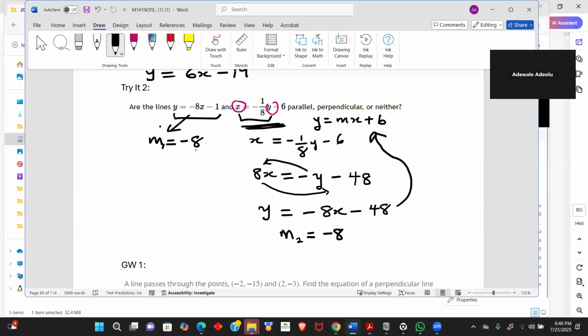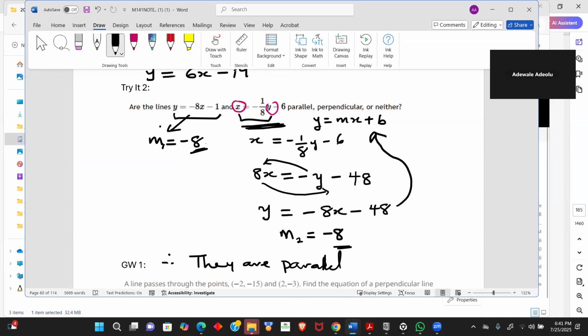Now, in this case, we can say the slope of this graph is -8. The slope of the first one is -8. The slope of the second one is -8. Therefore, we say they are perpendicular. I'm sorry, they are parallel lines because the slopes are the same.